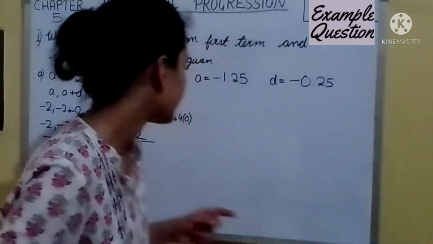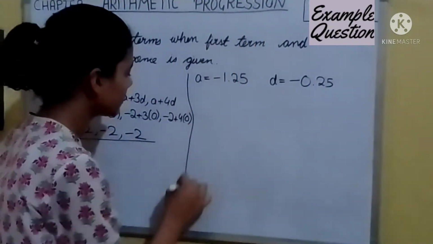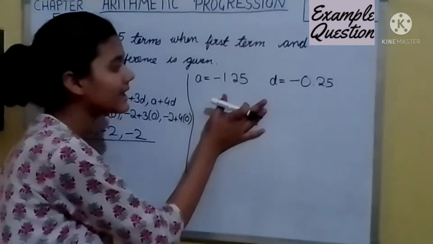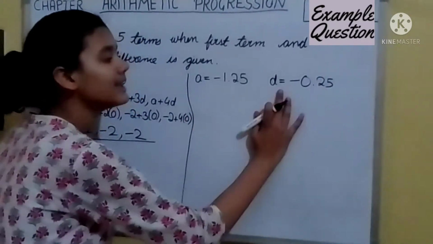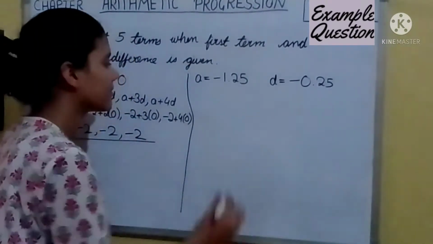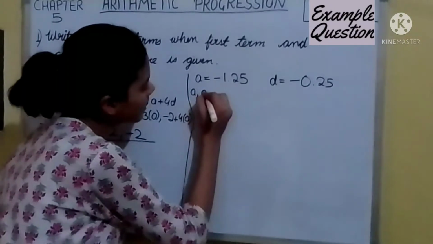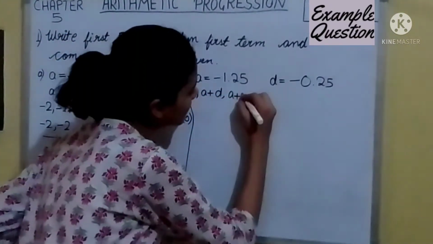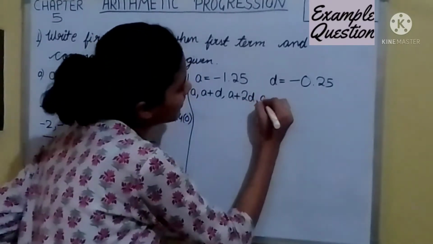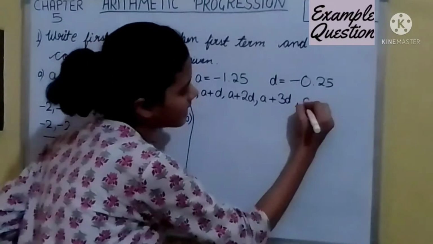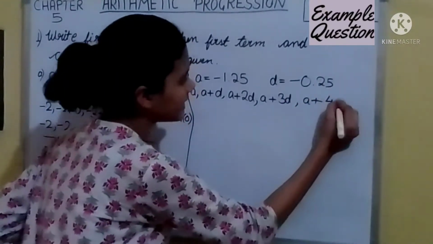Now let's move to the next. Here the first term we have got is -1.25 and the common difference is -0.25. Okay, so a, a plus d, a plus 2d, a plus 3d, a plus 4d.